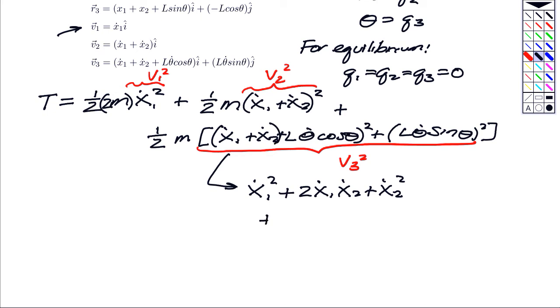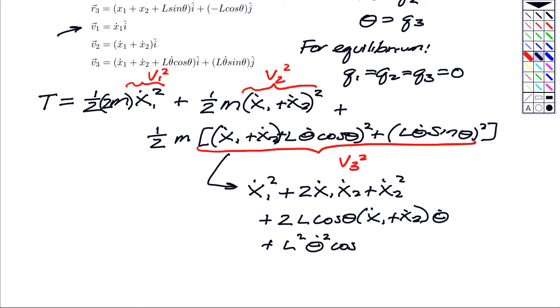Add on to it 2 times L cosine theta, x1 dot plus x2 dot theta dot, and then we have an L squared theta dot squared cosine squared, and we'll have an L squared theta dot squared sine squared. So we have cosine squared plus sine squared. That will simplify down to a 1.